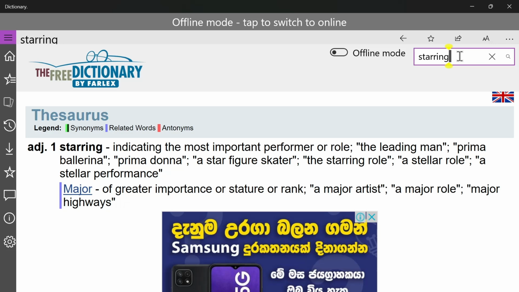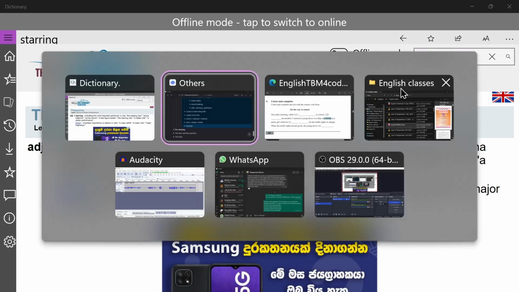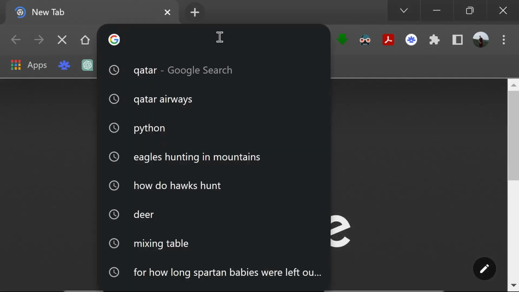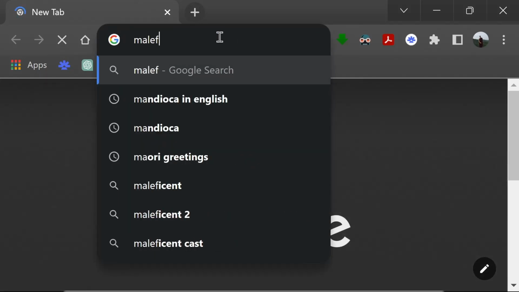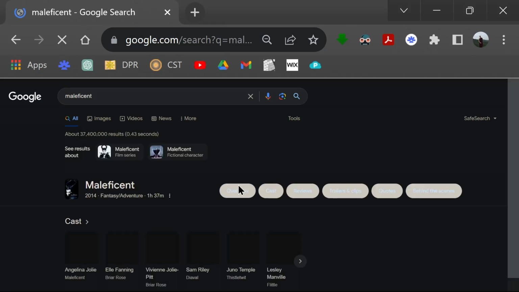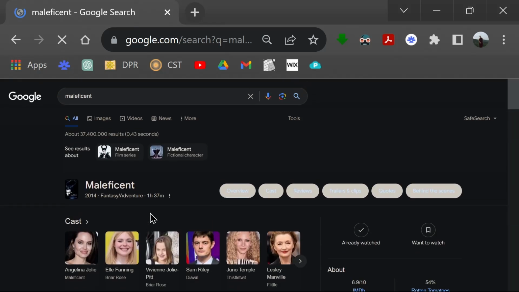The name of the movie is Maleficent. Then you will see Maleficent, starring Angelina Jolie. She's the leading role, the leading actress.